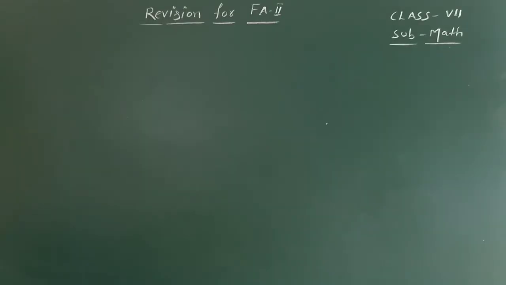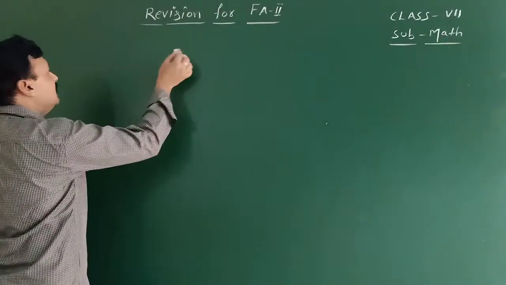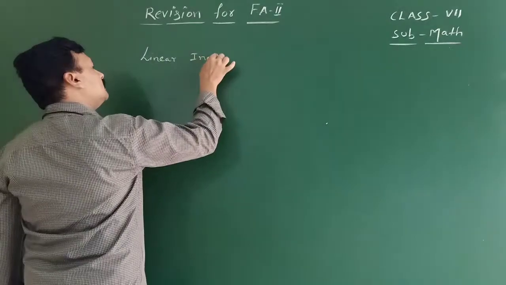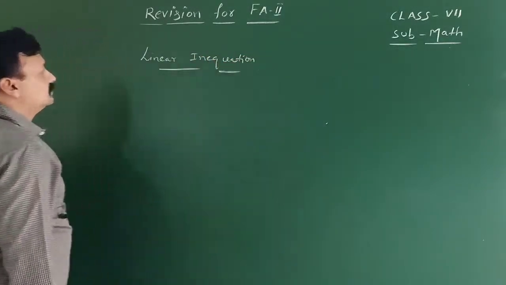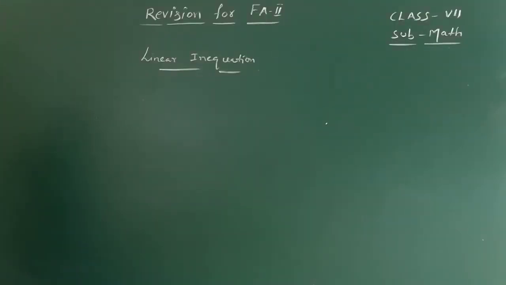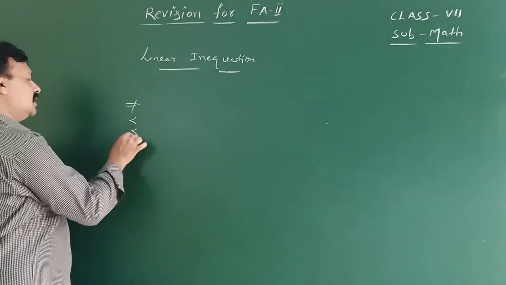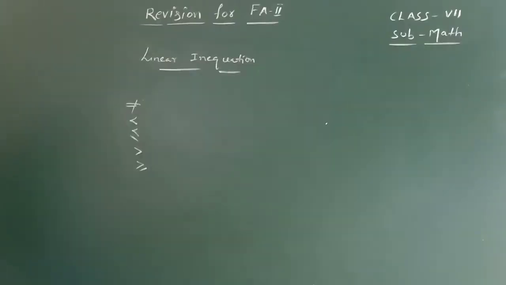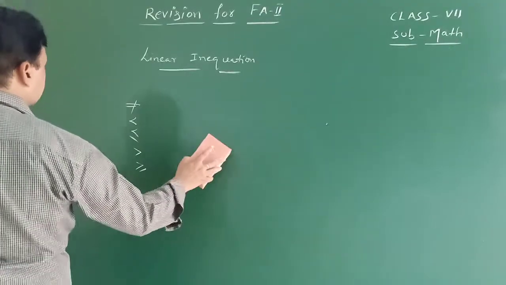These are all simple linear inequations. If the given open sentence contains a sign other than equal, such as not equal, less than or equal to, greater than or equal to, they are called simple linear inequations, otherwise linear inequations.